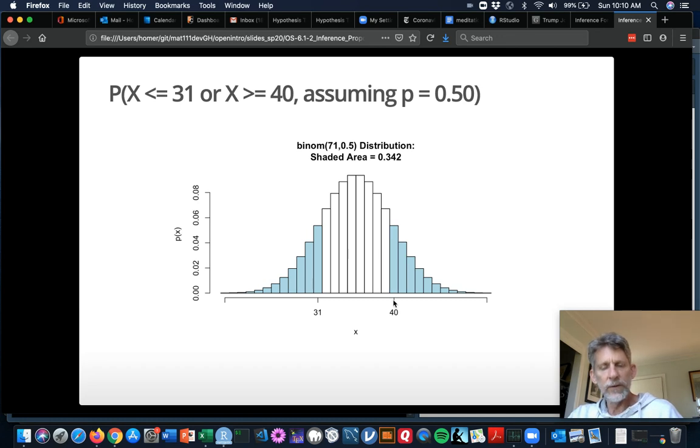And you sum those two together. The reason for taking both sides is that before we took the sample, we really had no idea as to whether the data was going to show a majority or a minority. And so we're kind of being fair and even-handed about it. All of our hypothesis tests are two-sided.